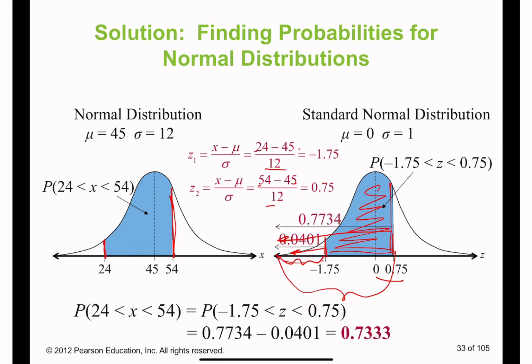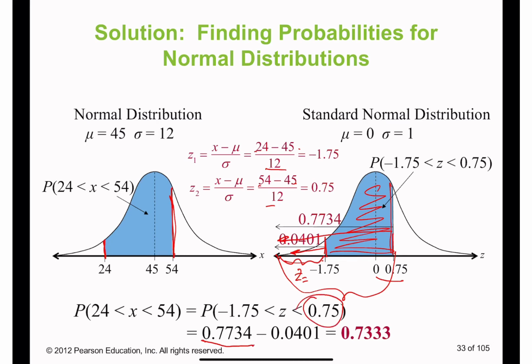And here it is. If you look in the table, the probability for z-score equal negative 1.75 is... wait a minute, 0.7734. This is the probability for 0.75.